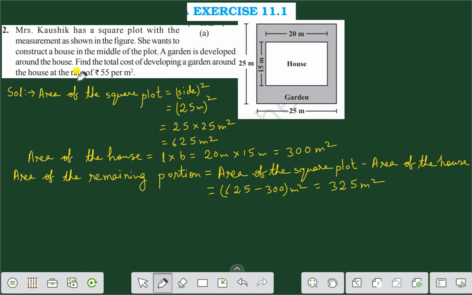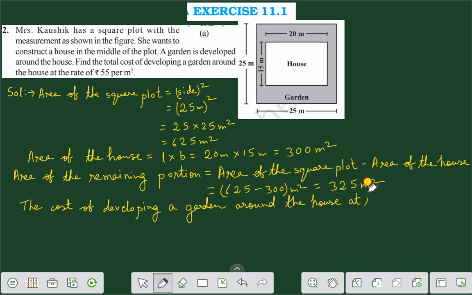But it is given that the cost of developing a garden around the house is at the rate of rupees 55 per meter square.